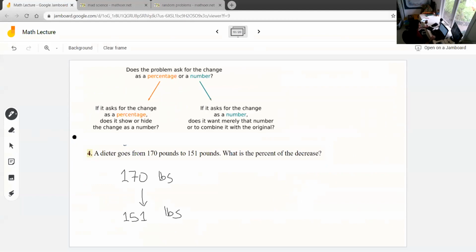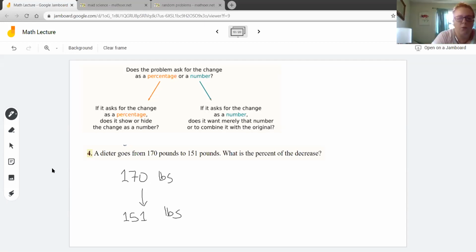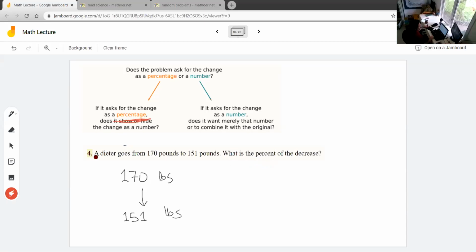So we just learned 4 different things. Figure out which one this is. Are they asking for the change as a percent, or are they asking for the change as a number? Well, it says, what is the percent? So they're asking for the percent.